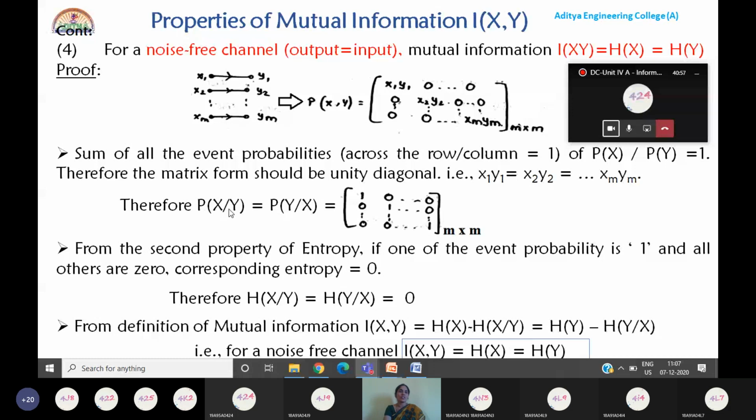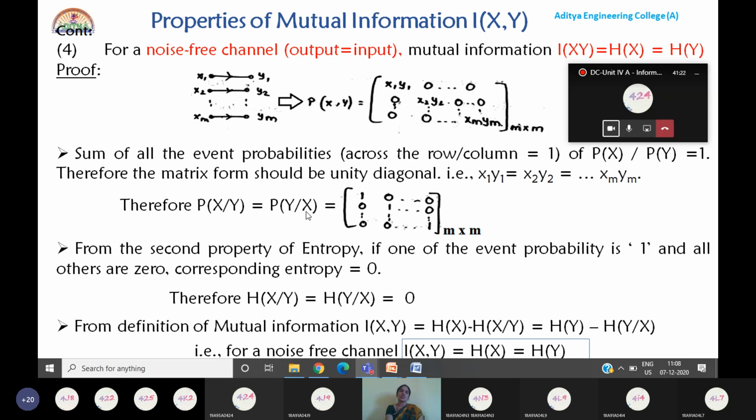In the case of P(X|Y), the sum of all the column elements should be equal to 1. If you take the first column, (x1, y1) plus 0 plus 0 plus 0 should be 1, so (x1, y1) should be equal to 1. Similarly, for the second column, (x2, y2) should be 1. And if you observe the P(Y|X) matrix, all the elements of a row should sum to 1.